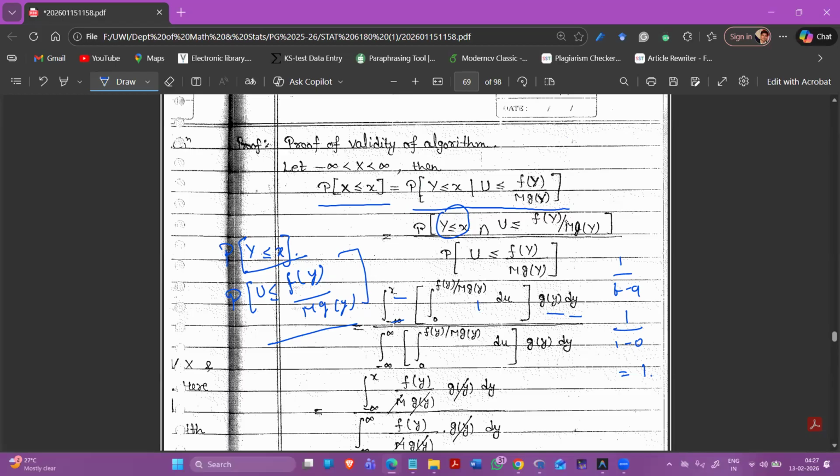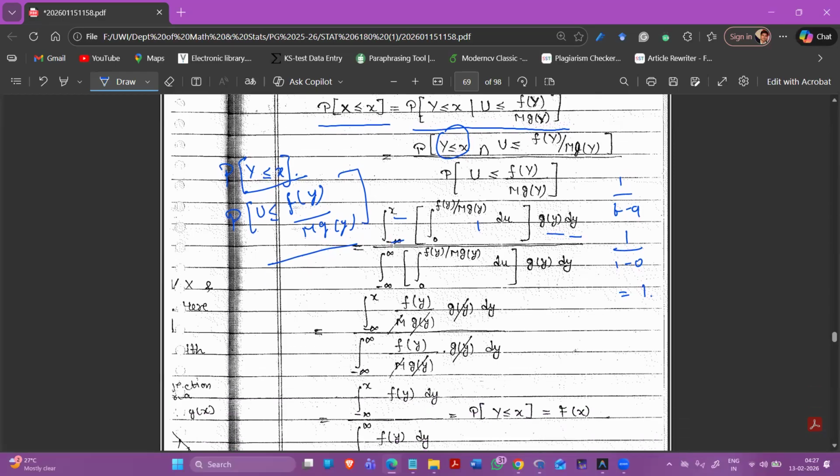When you find this integral, it will be u, and putting in the limits 0 and f(y) divided by M g(y), it will be f(y) divided by M g(y) minus 0.